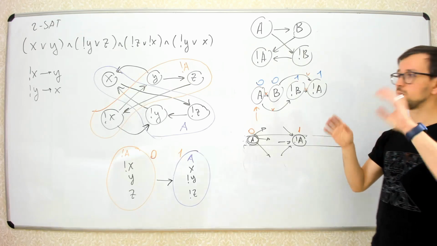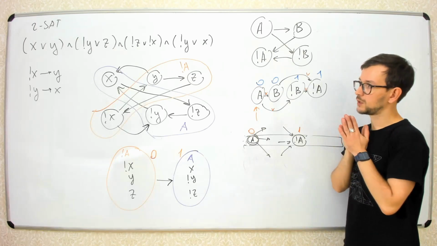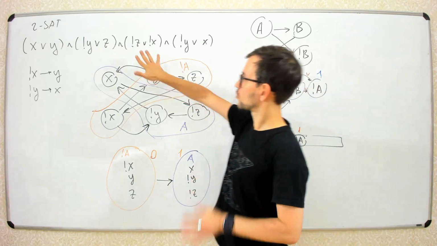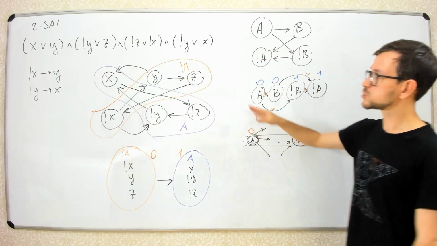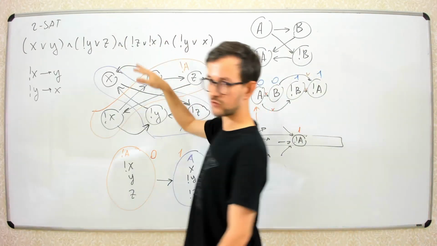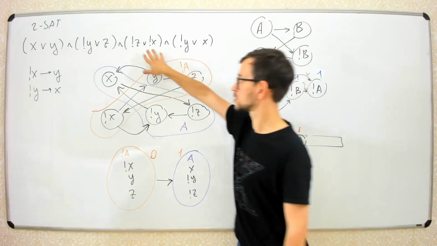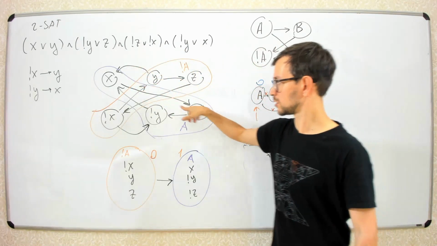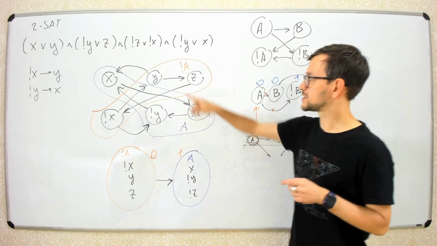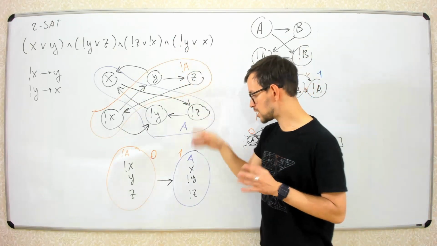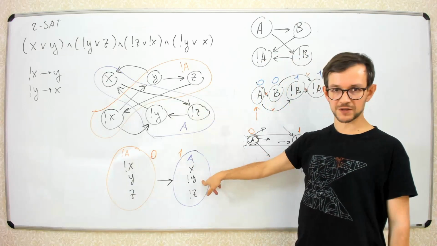Again, you can look at it like this. Let's look at any clause here. Let's prove that this actually solves the problem. Let's look at any clause in this formula. For each clause, you will have some edge. This edge guarantees that this clause will be satisfied. Each edge will be inside a strongly connected component.